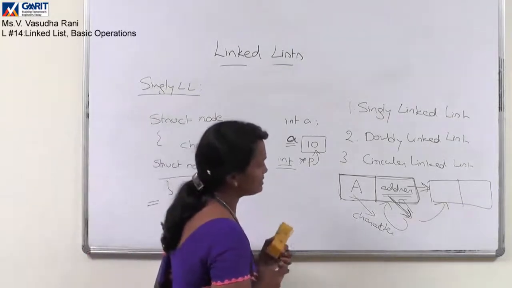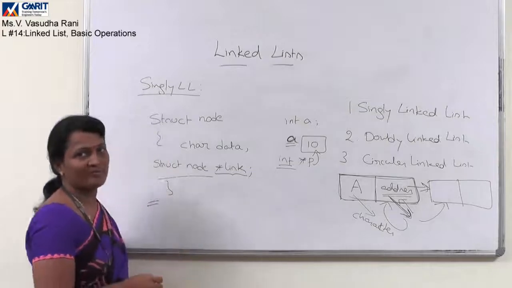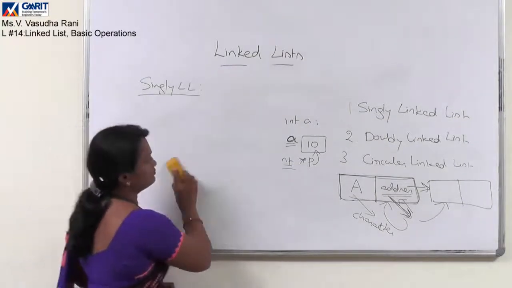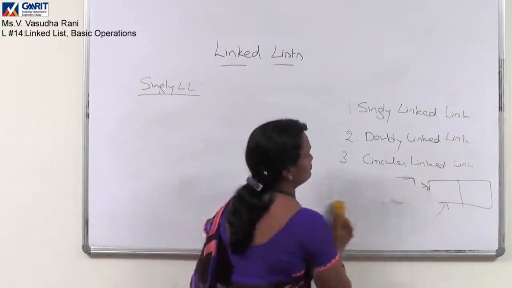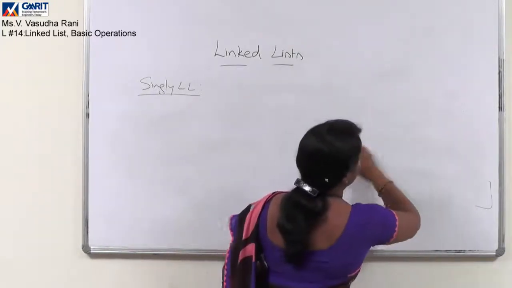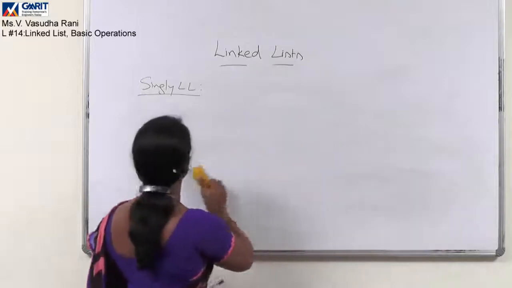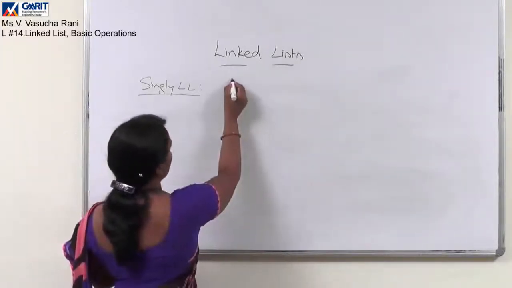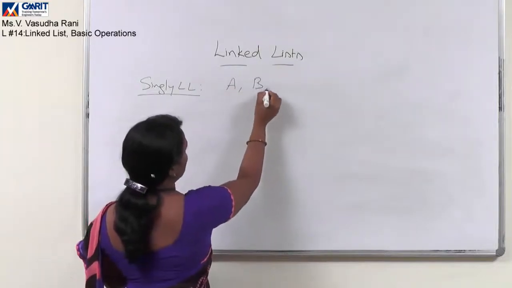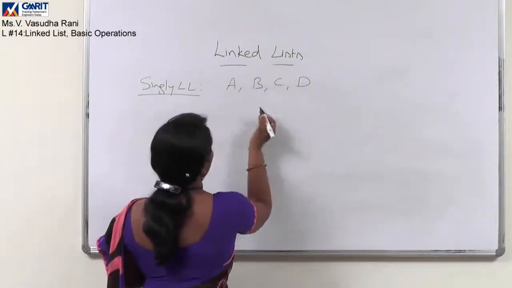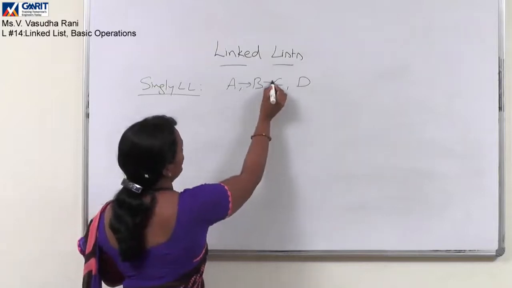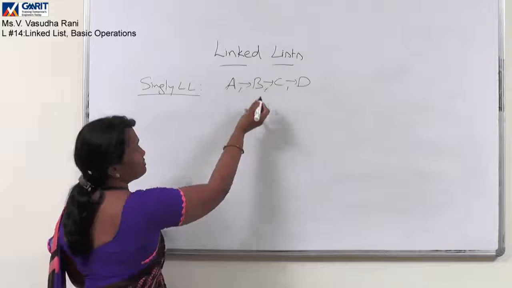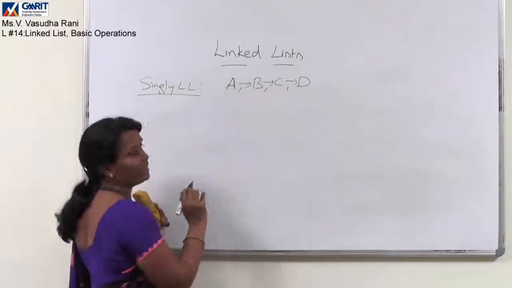Now we'll see performing operations on a singly linked list. First of all, let us take a singly linked list with 4 data values A, B, C, D, where A is connected to B, B to C, and C to D. That is, node A has the address of B and node B has the address of C, like that.